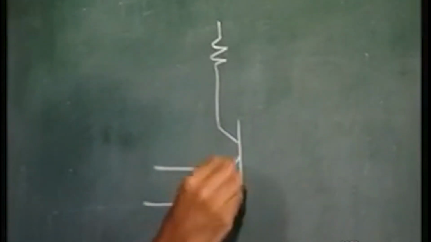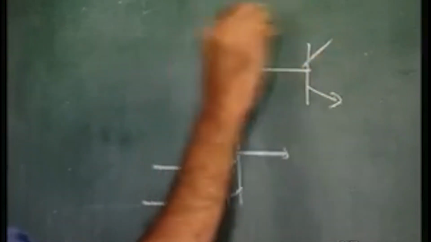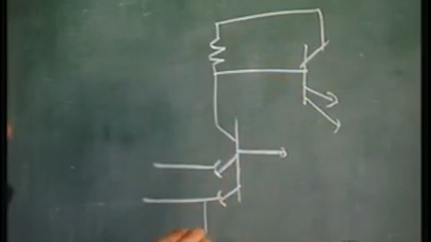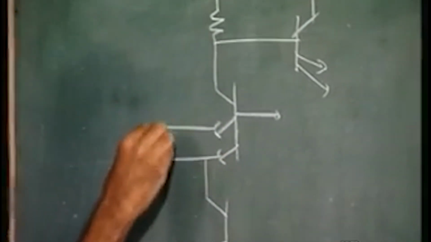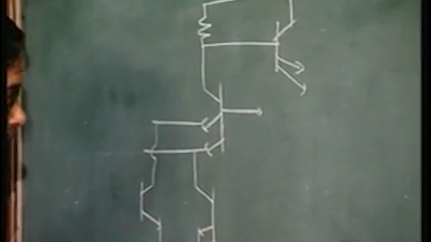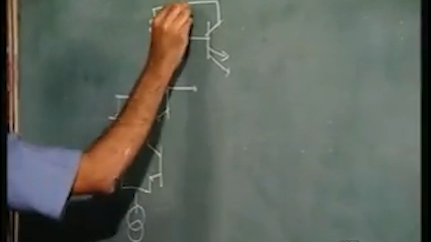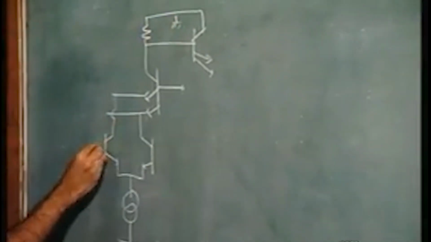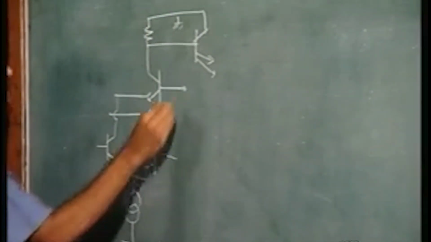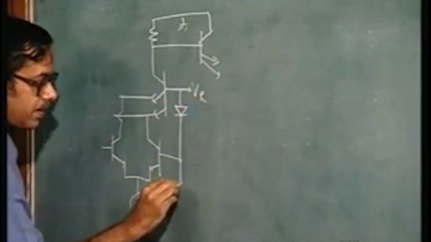You have a multi-emitter transistor, this is the output side, and then you have the emitter couple structure here, the current source, this is minus VEE, this is ground, and here this is VR, then you have a level shifting arrangement.